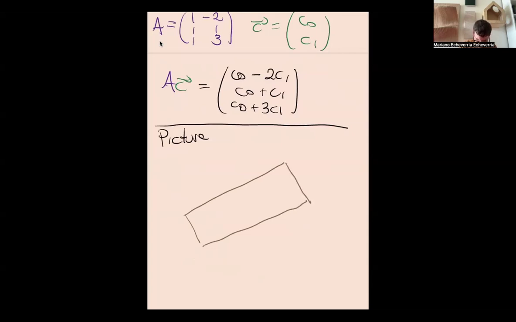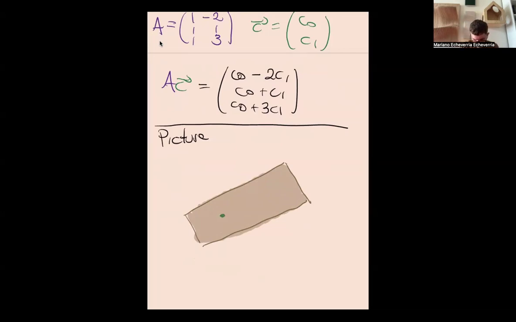You have a plane. Let me color it. Okay, so let me see if I can use the same colors as in GeoGebra.